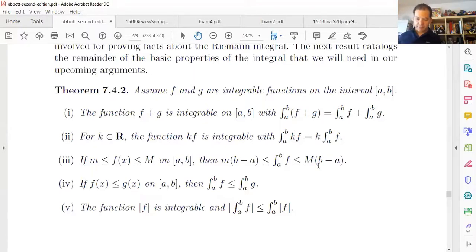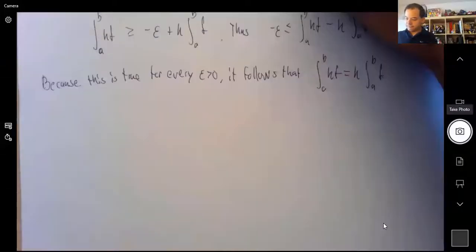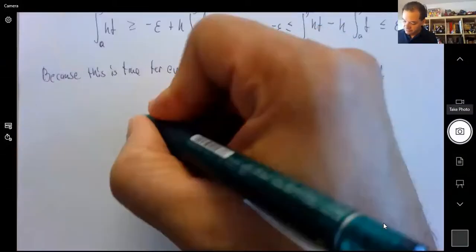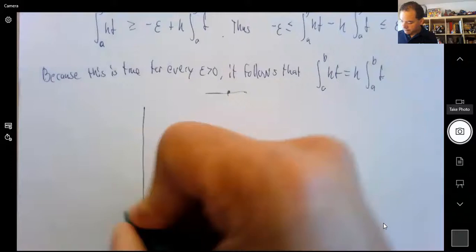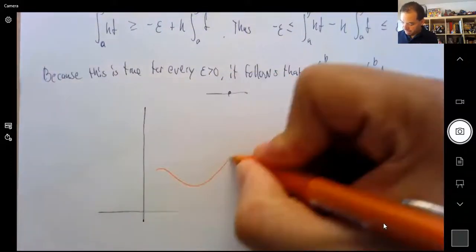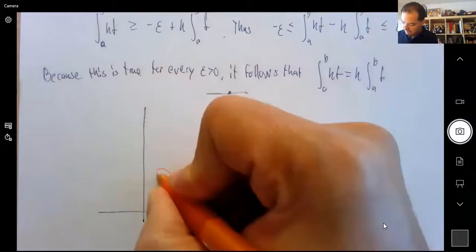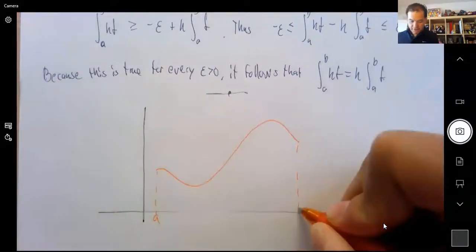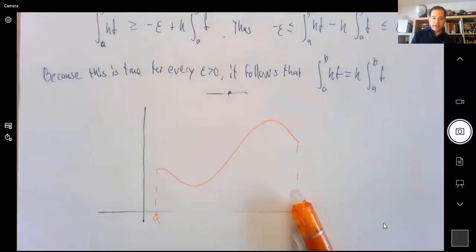So if you draw a function, something like this, from A to B, and you know that the area under the curve represents the integral, then you can look at the minimum.